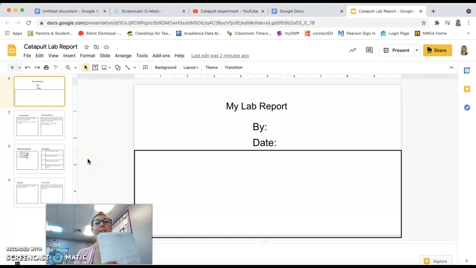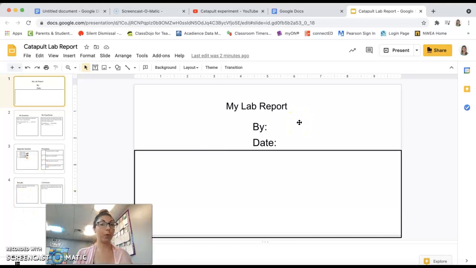You're still writing the same things. It's just going to look a little bit different for you, but you have the same exact sections except for this first part, the My Lab Report page. So for people who have a paper copy, don't worry about this page. Just worry about all the other pages, okay?